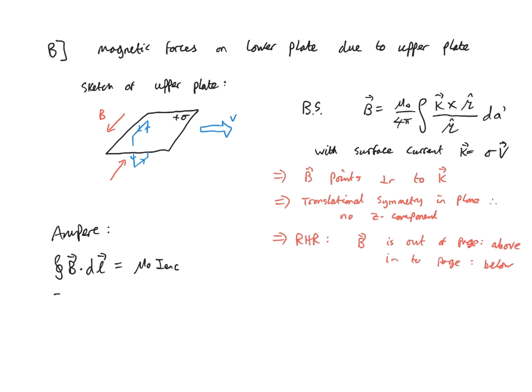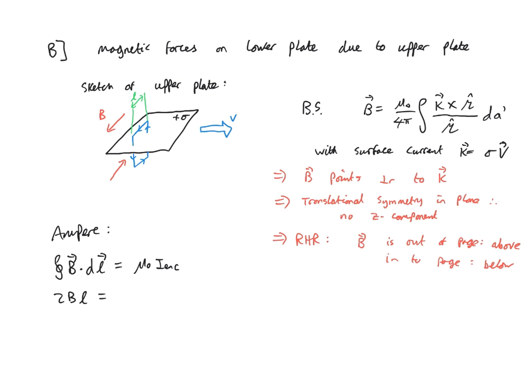It's just going to be 2 times B times L. Let's say that the length of this loop edge here is L. Okay, so that's 2BL, 2 just because there's a contribution from the upper side of the loop and from the lower side. Because the loop is going round in a particular sense, the contributions add up rather than subtract.